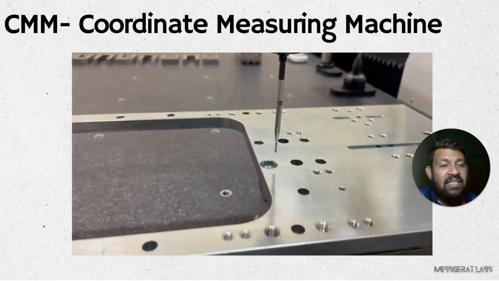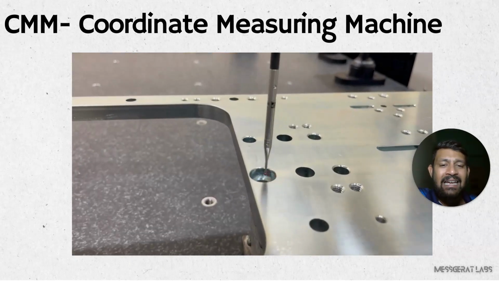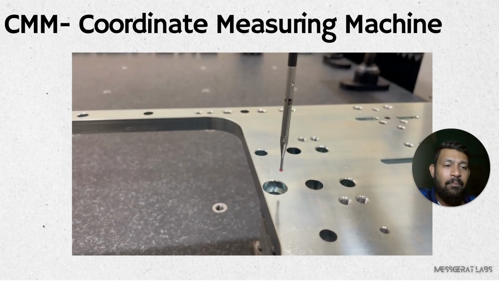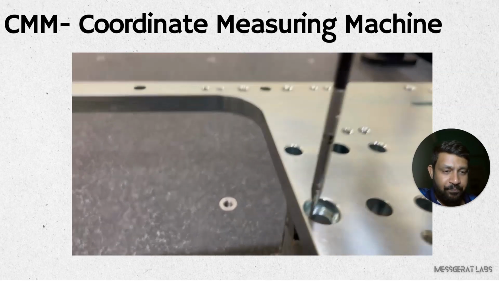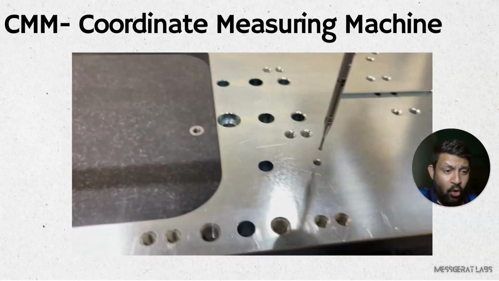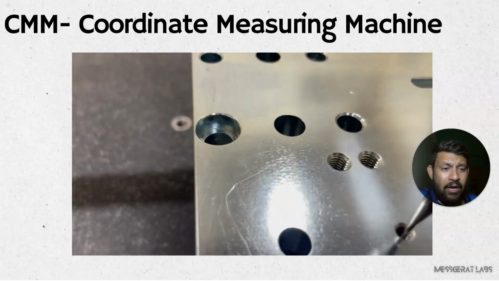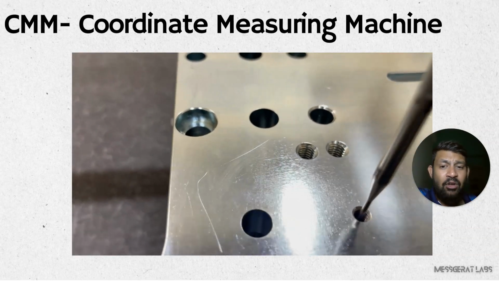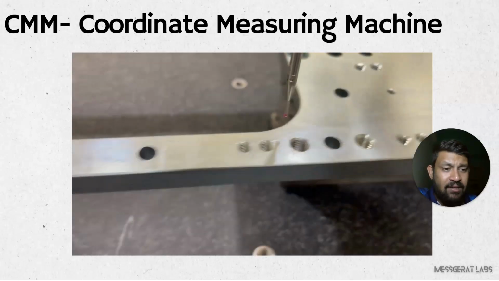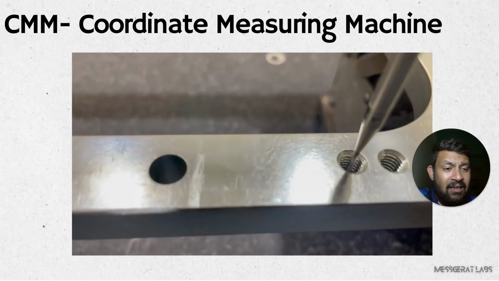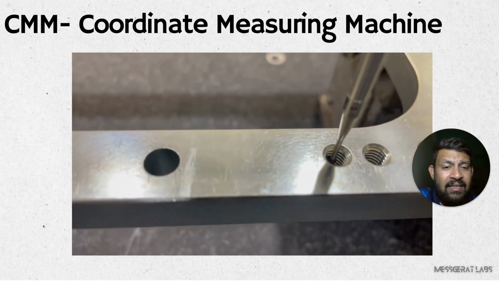Using these points, you can create basic geometric features such as a cylinder, a plane, a cone, a frustum, or a line. For example, if you have created a cylinder, you can measure the cylindricity, the diameter, and the center point of that cylinder.